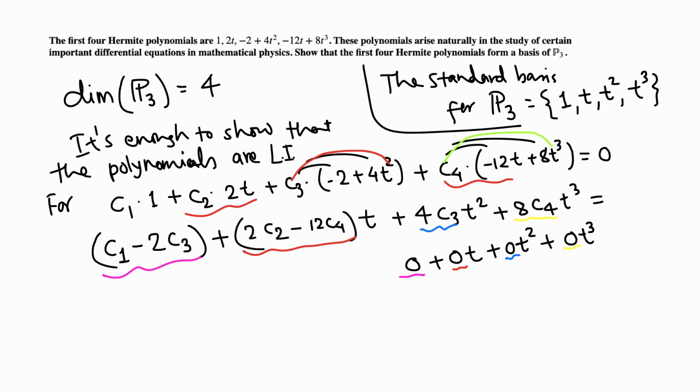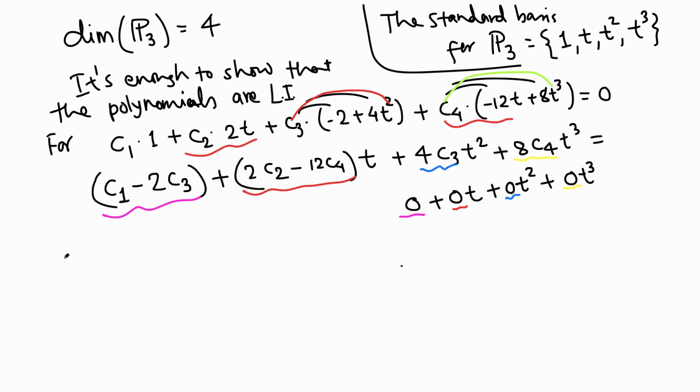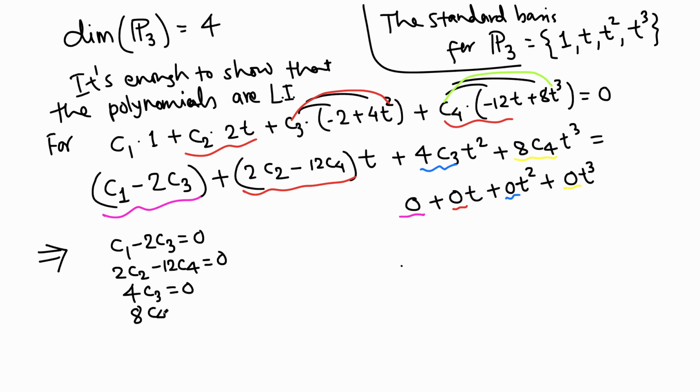So you get the idea here. This implies c1 minus 2c3 equals 0, 2c2 minus 12c4 equals 0, 4c3 equals 0, 8c4 equals 0.